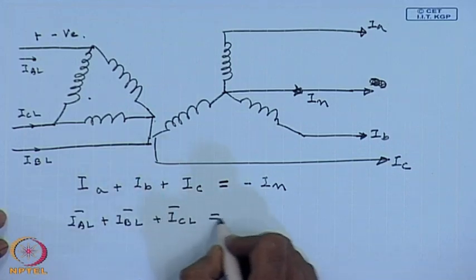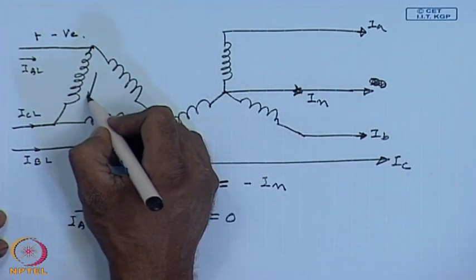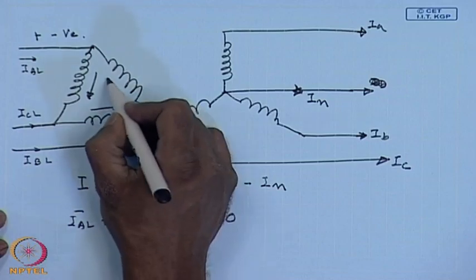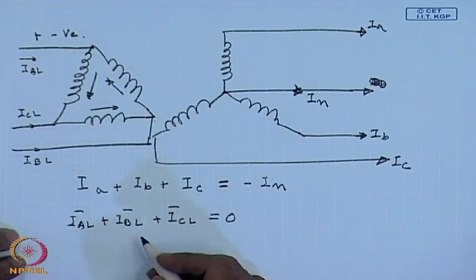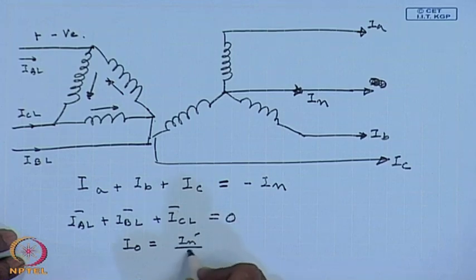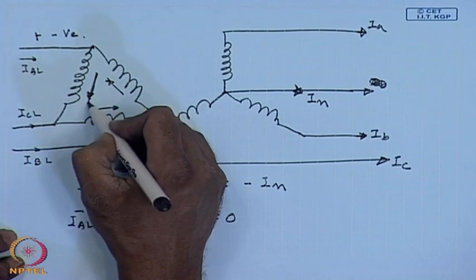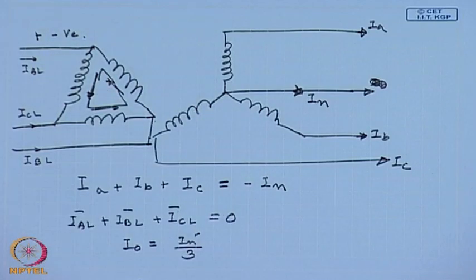This is always 0. However, the induced winding currents do not add up to 0. So, there is the 0 sequence current I 0 equal to I n dashed by 3 that circulates through the closed delta.